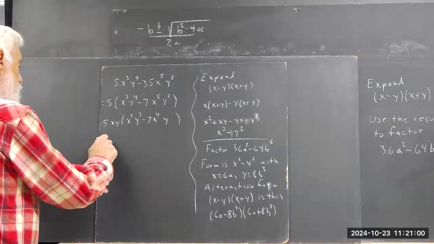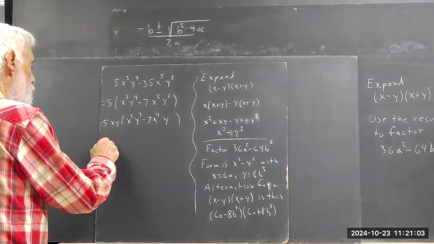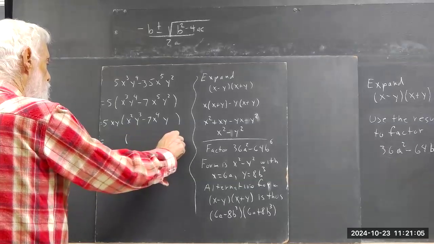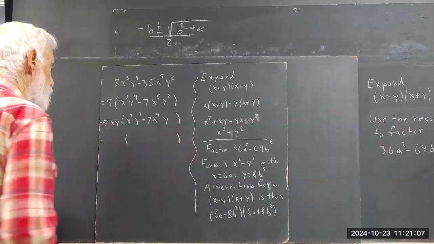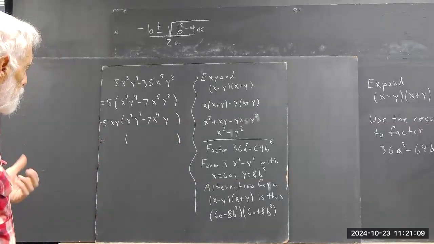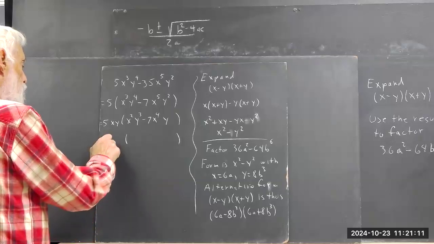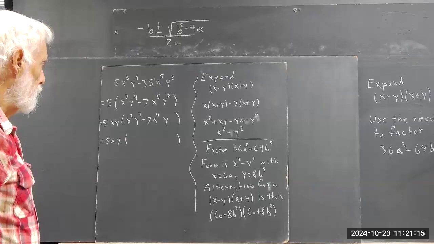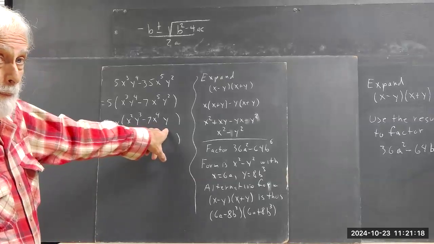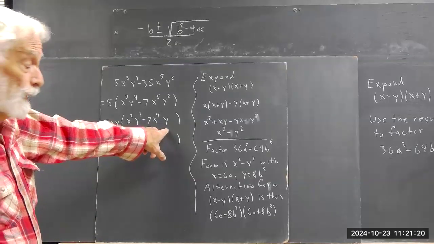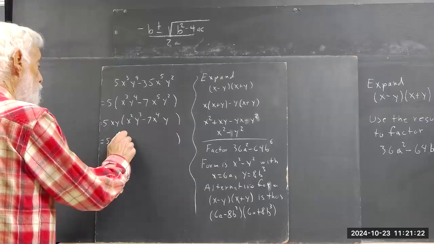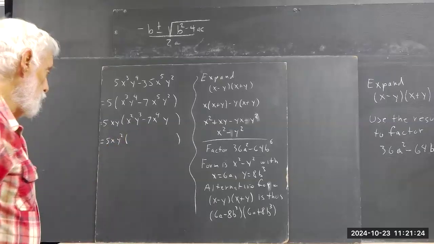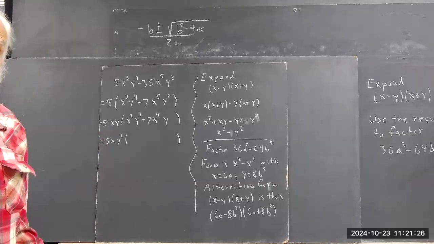Well, we're still going to want to have 5xy here. Let's say we don't want that y there. Okay. Well, then we could simply use 5xy squared, right?